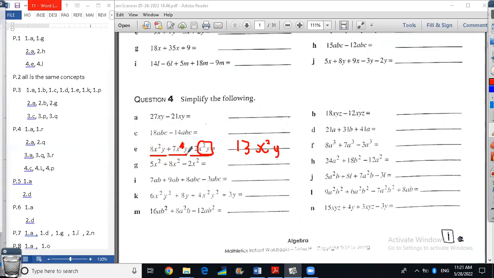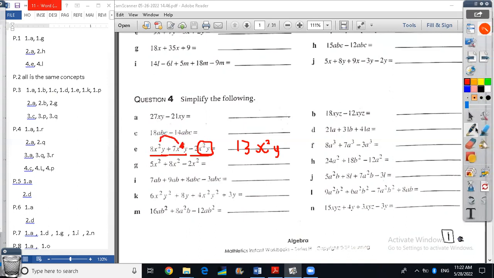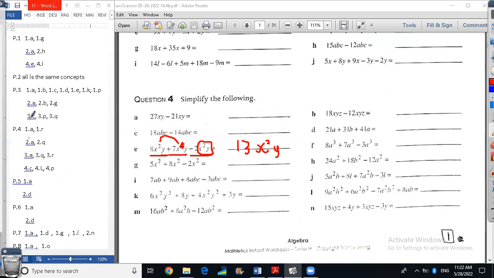I cannot do them with each other in addition or subtraction. So they're just going to remain the same. We would not be able to do them together if the variable changed. All right. Here we have in page 1 also question 4L.